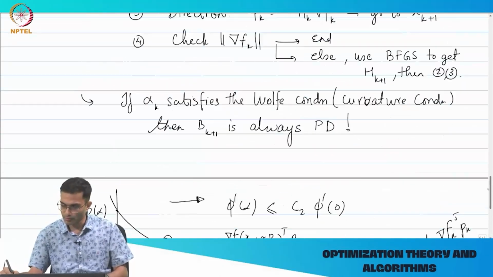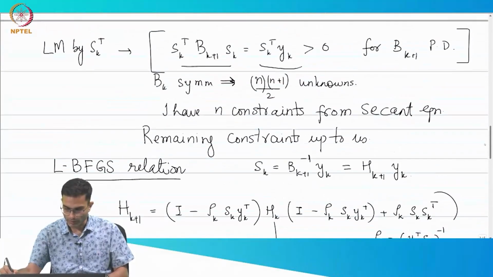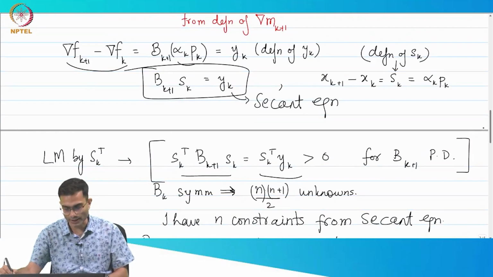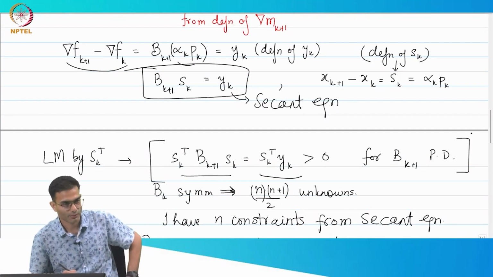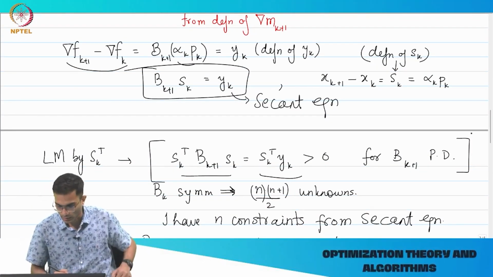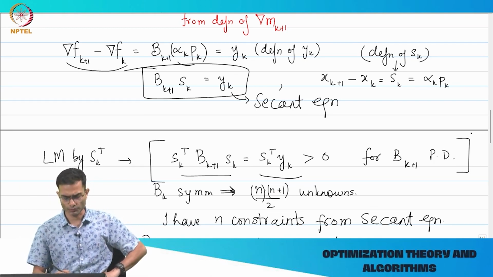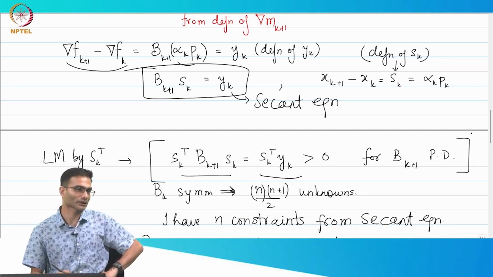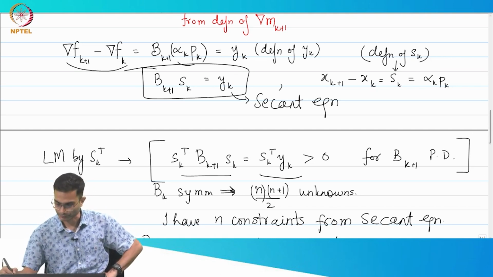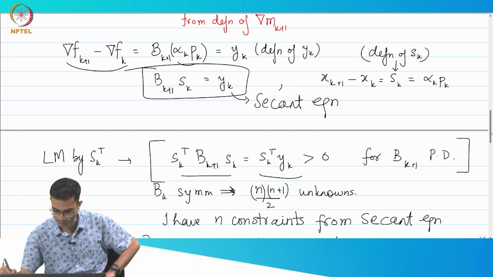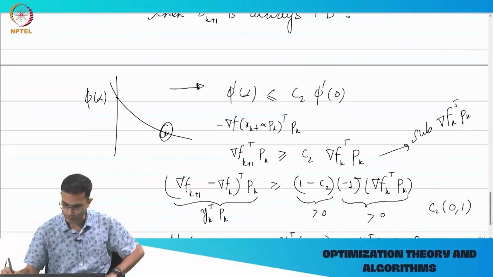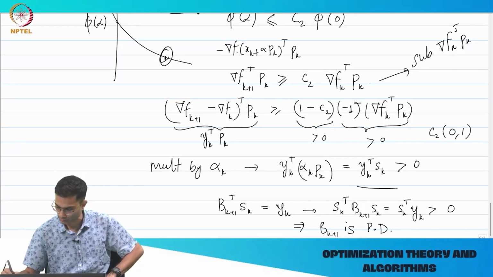Let us see. It is at least true for sk. Do I need it for other vectors? Here we need to look at the proof. That is something to think of. I'll think about that.